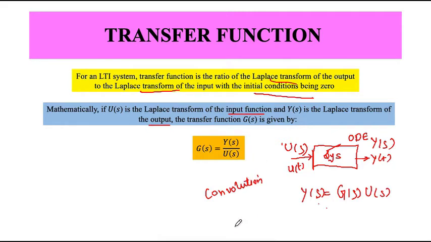If y(t) is my output signal, g(t) is the system, convolved with the input. Now we get rid of this, so g(t) is replaced by G(s), and this G(s) is the transfer function.